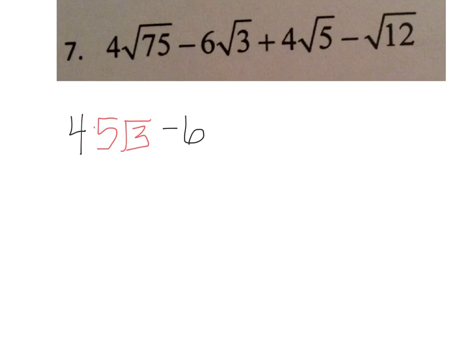minus 6. And notice I'm being very careful to write the coefficients that were already there. So I have 6 radical 3 plus 4. I can't simplify rad 5 any further. Minus 12.